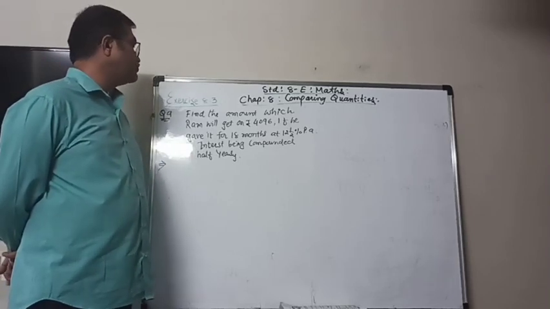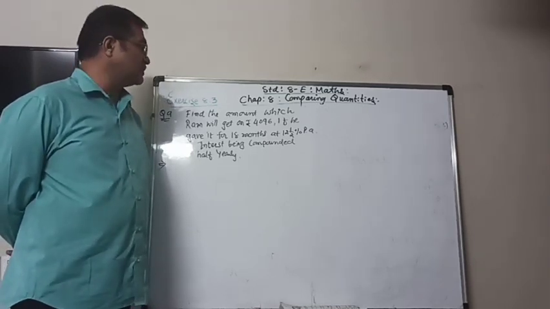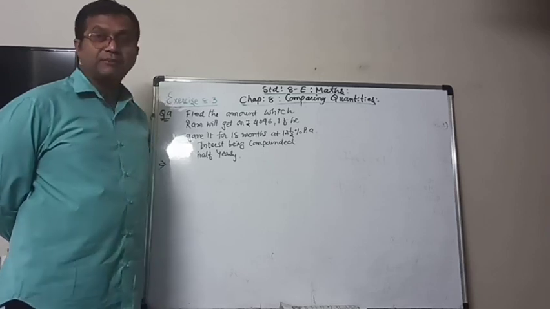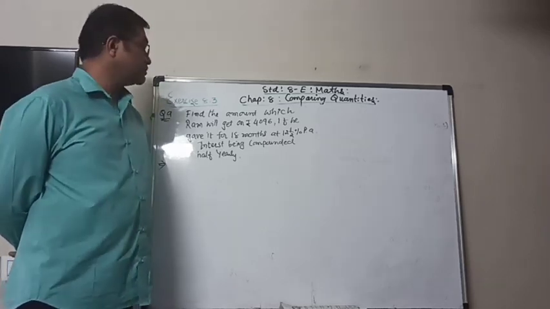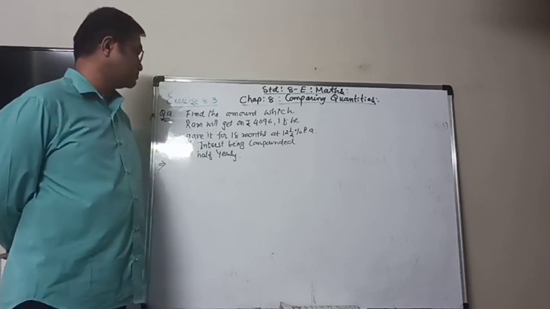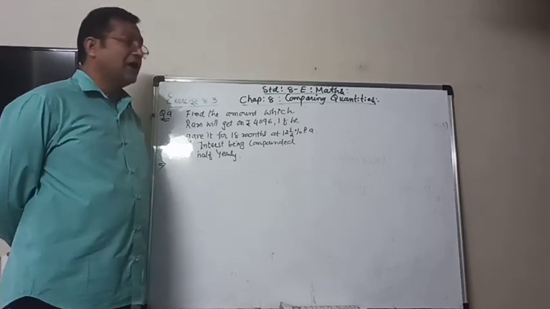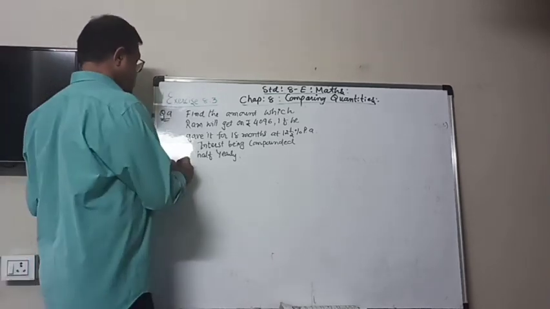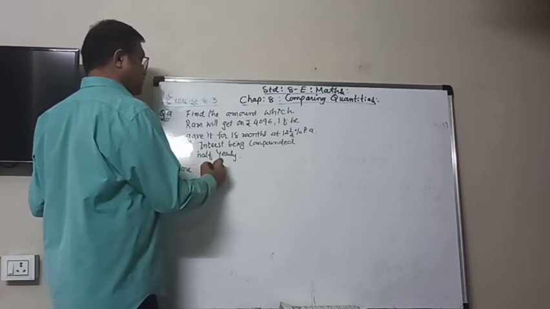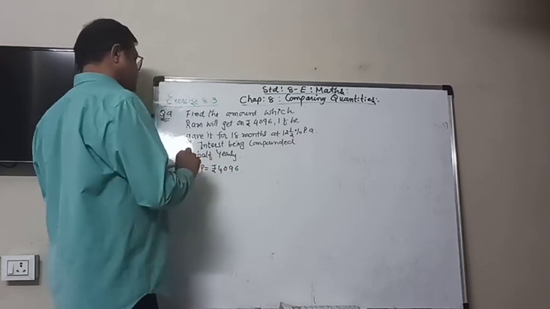Find the amount which Ram will get on rupees 4,096 if he gave it for 18 months at 12.5% per annum interest, but the interest is being compounded half yearly. So here P is equal to 4,096.